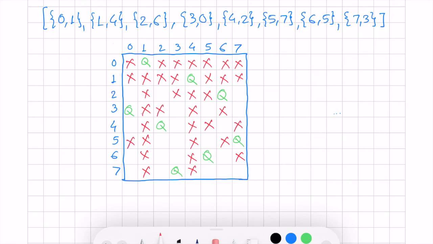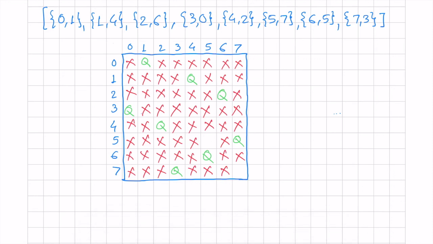Also pretty safe. Third one: row, column, diagonals. Okay, fourth one: row, column, diagonals. Oh, fifth one: row, column, diagonals. Sixth one: row, column.